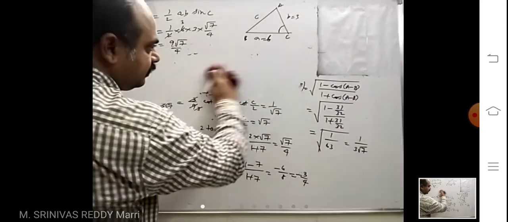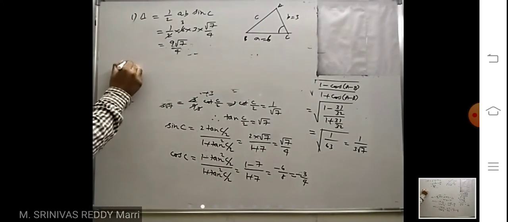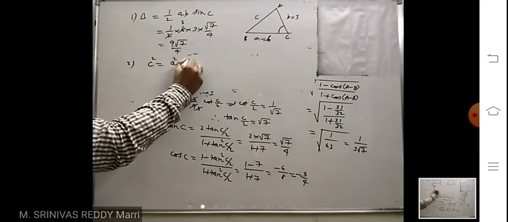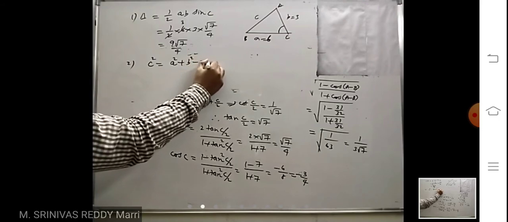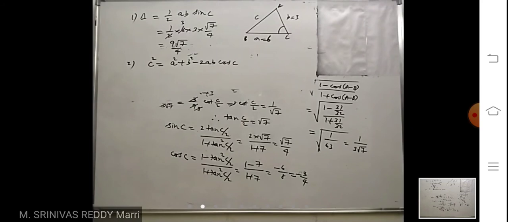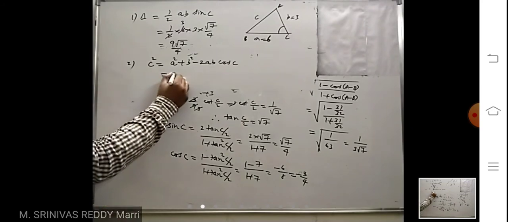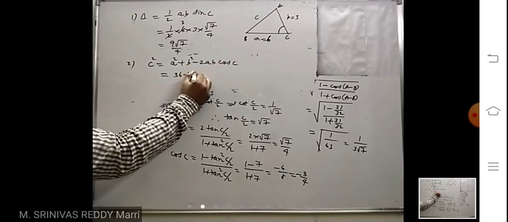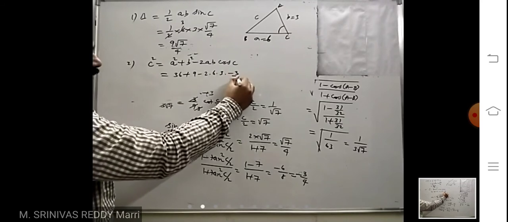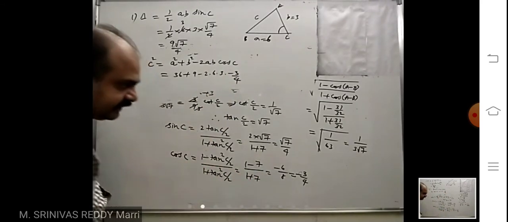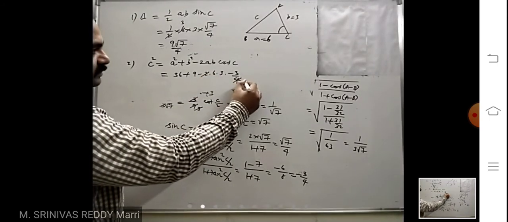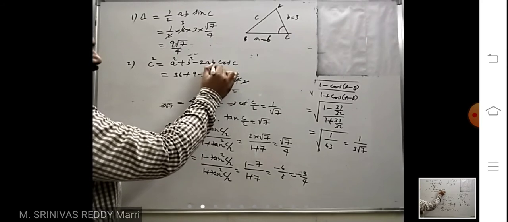By the cosine rule, c square equals a square plus b square minus 2ab cos C. By the cosine rule, the third side can be calculated like this. a square is 36, plus b square 9, minus 2 into 6 into 3 into minus 3 by 4. This cos C, that's why I have calculated. So look here, 2 ones, 2 twos, and then 2 ones, 2 threes.